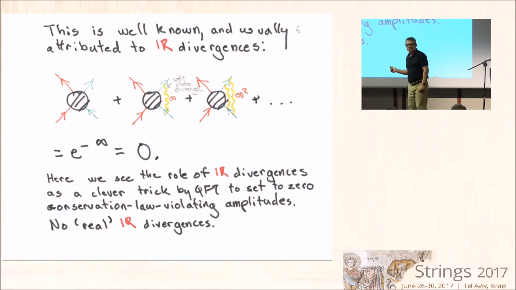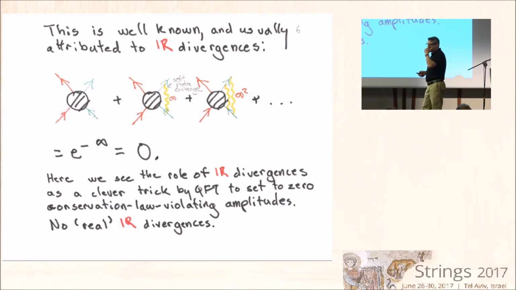So this second diagram here is infinite. And so that makes it look, if you only compute this one diagram, like the scattering amplitude will be infinite. But actually, you should sum them all up. It was shown that they exponentiate in a nice way. And instead of getting infinity, you get e to the minus infinity, which is 0.